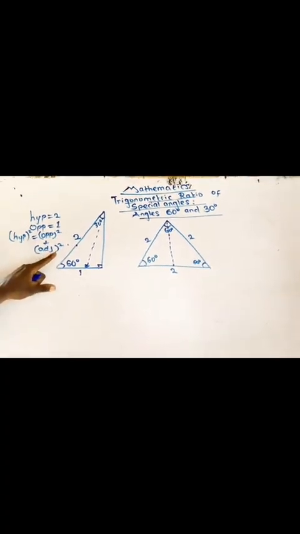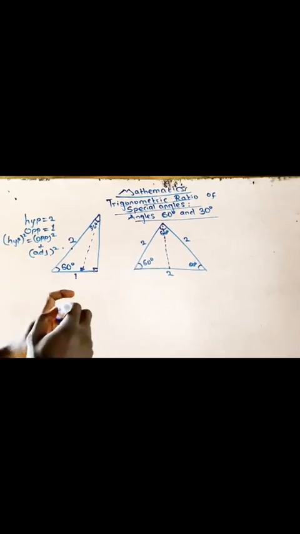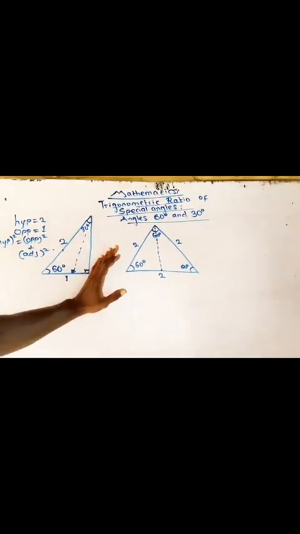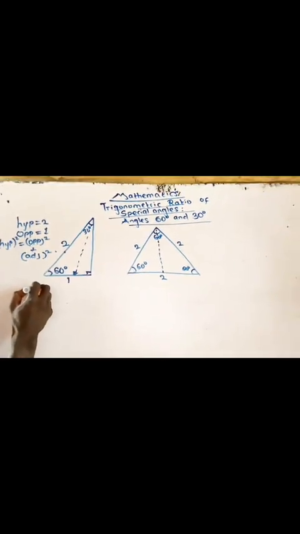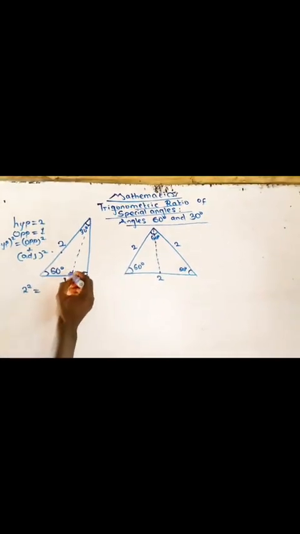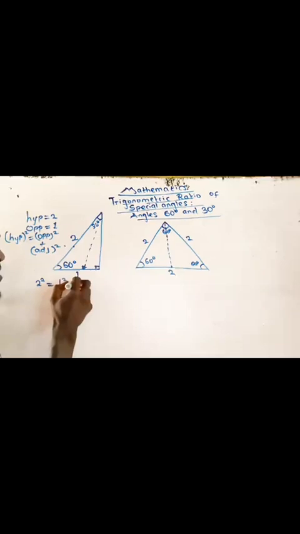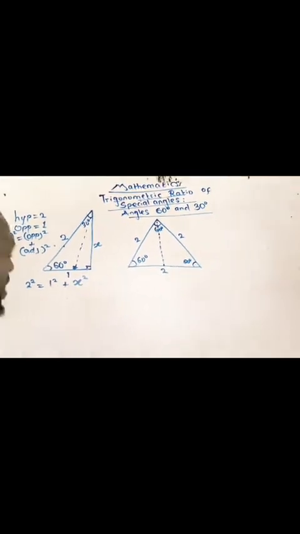Now, we don't know our adjacent and we need it because cos 30 degree will be adjacent over hypotenuse. Now, let's look at how we are going to derive this side. Hypotenuse is 2, which is raised to power 2, equals opposite raised to power 2 plus adjacent. Let's assume our adjacent is x. So we are going to have x raised to power 2.